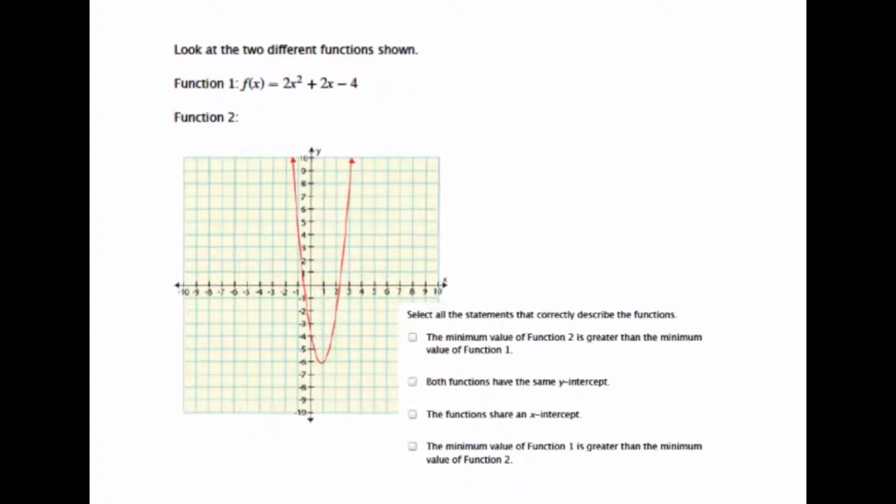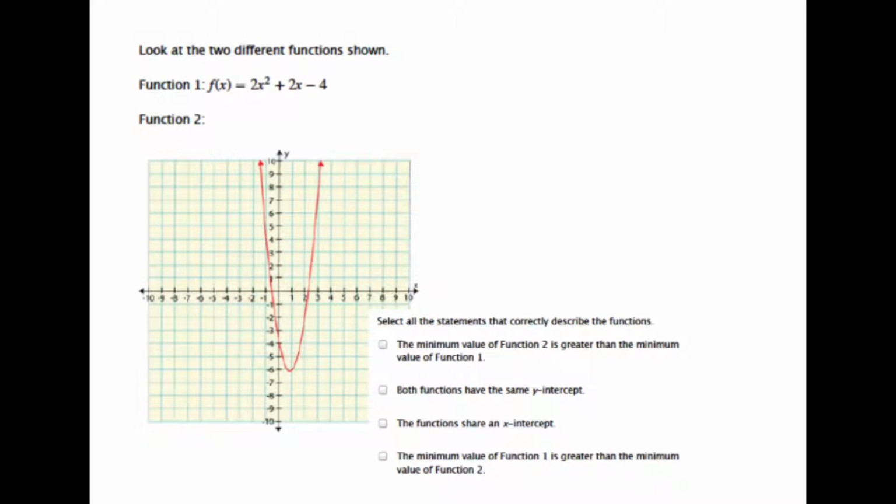And look at the two different functions. You've got one that's a graph and one that's a quadratic. It says we're looking for the minimum value and the y-intercept, the x-intercept.